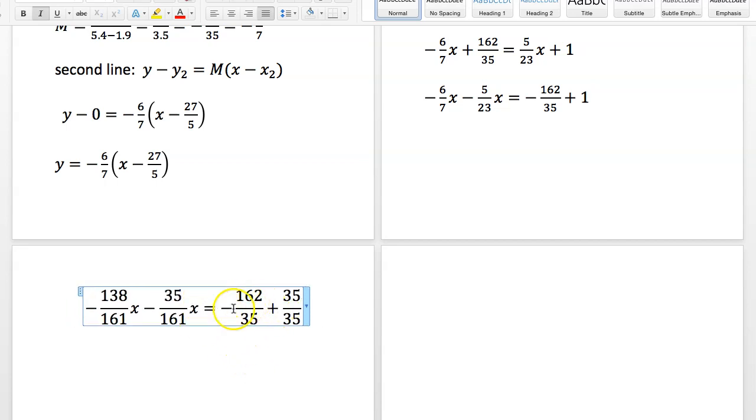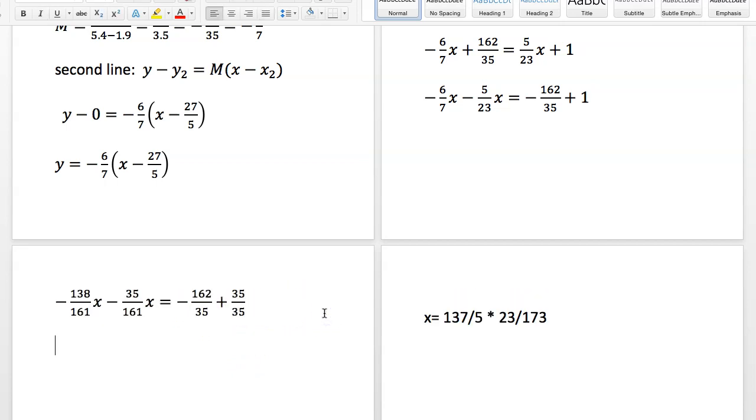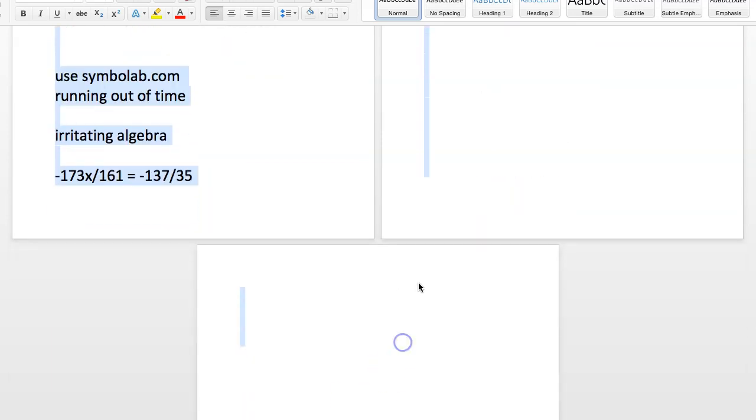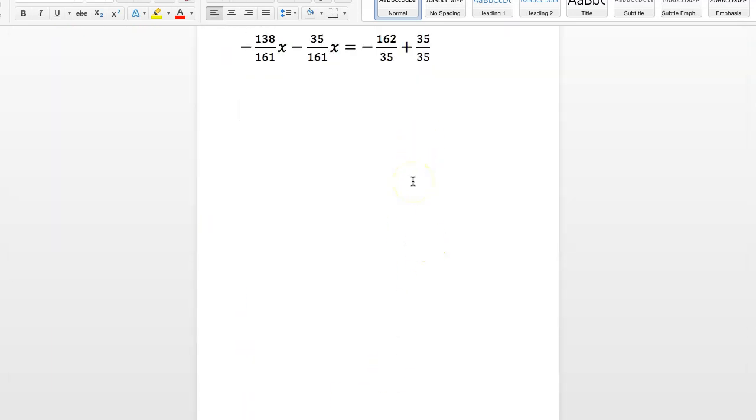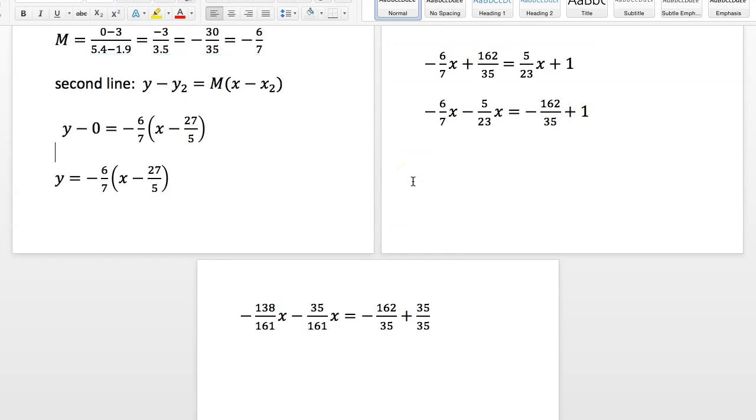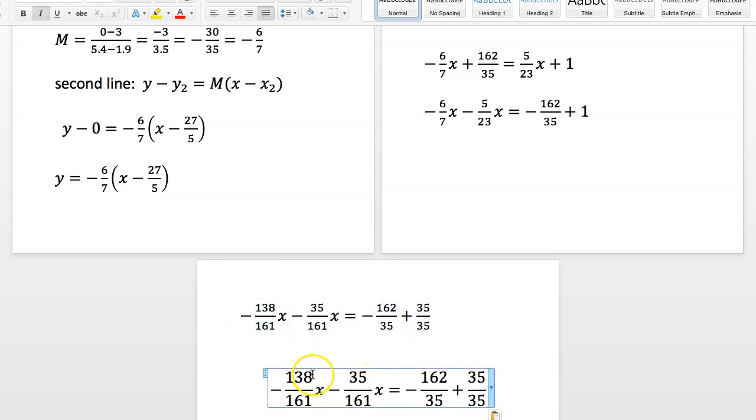And then neg 162 plus 35 is 137. Now all this stuff down here needs to go. I can't figure out what I'm doing wrong though. So I've got Control V, and that's going to be neg 173.